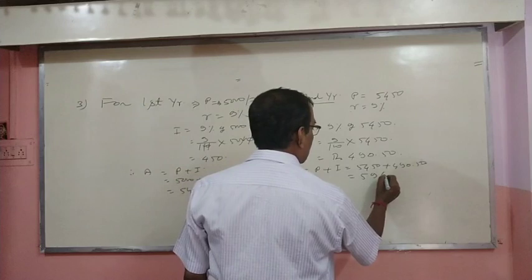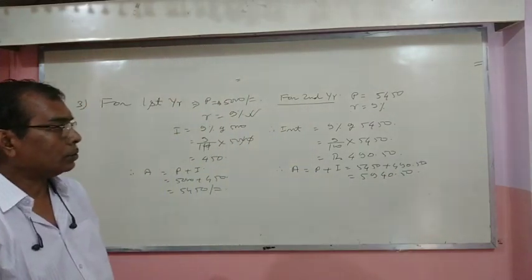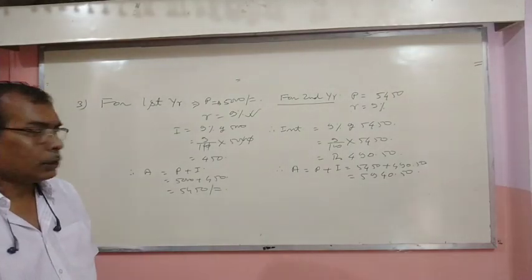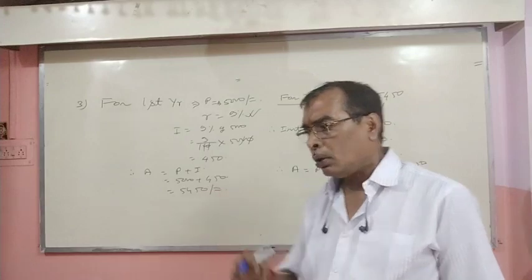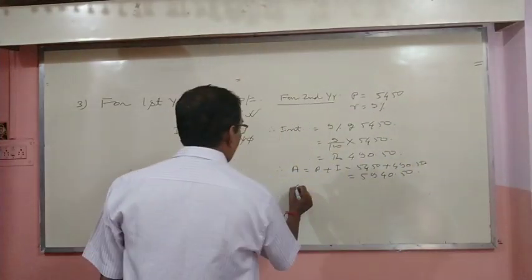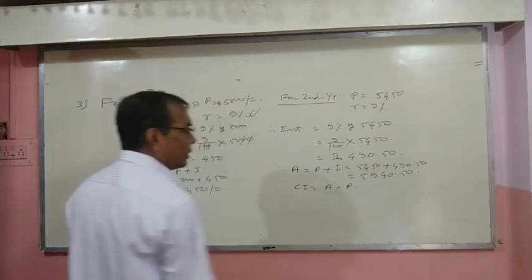This is the final amount. But we have to find the difference between CI and SI, so this is the amount, not CI. So CI is equal to final amount minus principal.